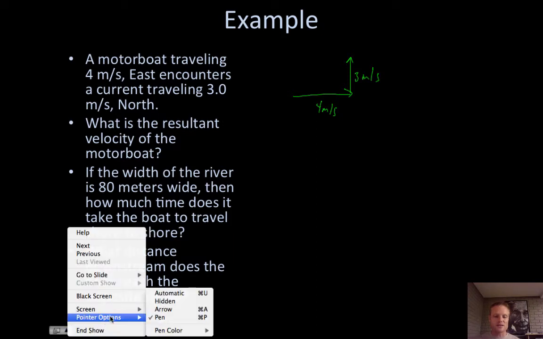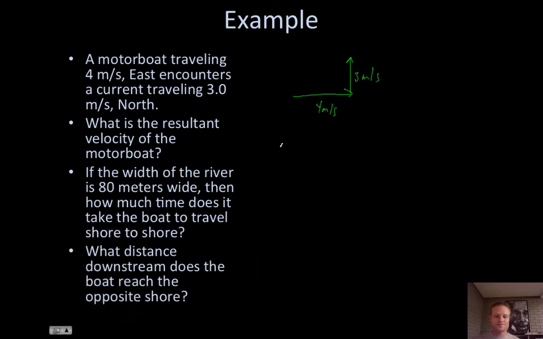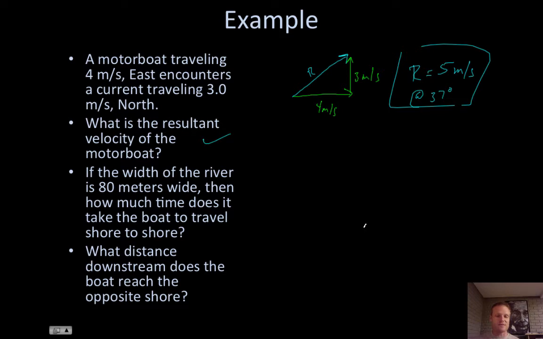Let me change colors for the resultant. So the resultant would be right here. We actually just did this problem. These are the same exact numbers. So the resultant is 5 meters per second at about 37 degrees. We just did the first question in the previous slide.